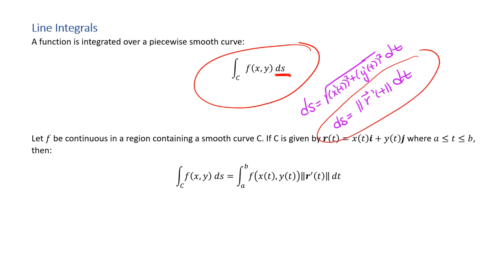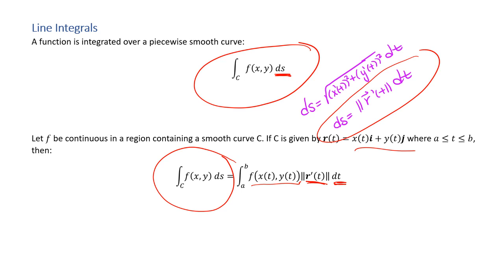We also said that this ds is the magnitude of r prime dt. That means we can rewrite our line integral as our function times the magnitude of r prime dt. And we can even rewrite that function in terms of t by plugging in the parametric equations from that path.